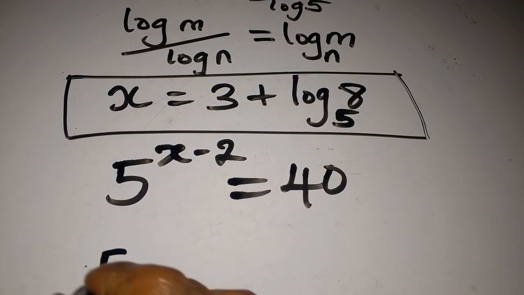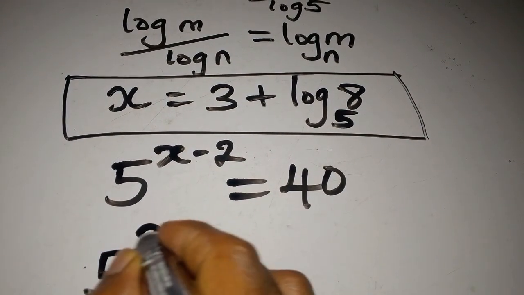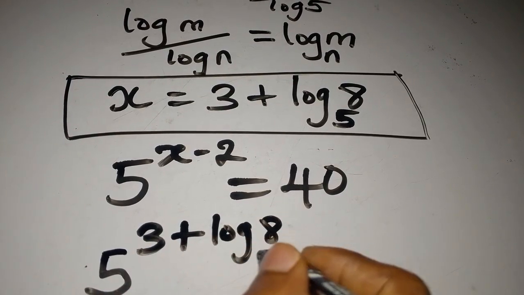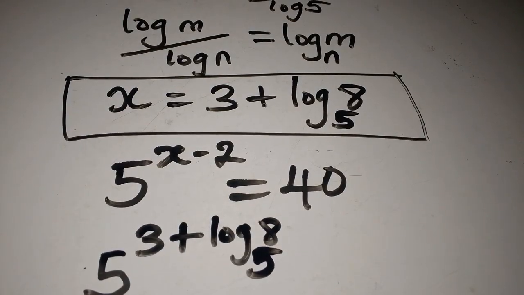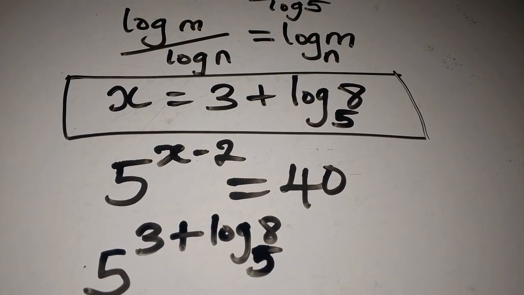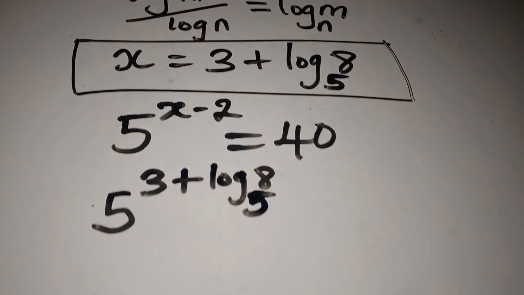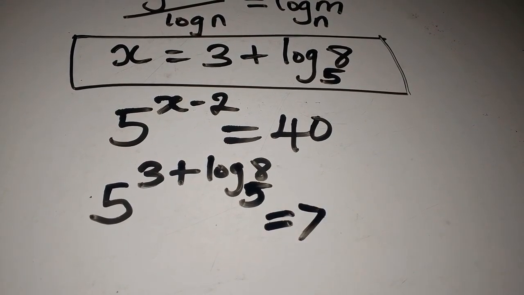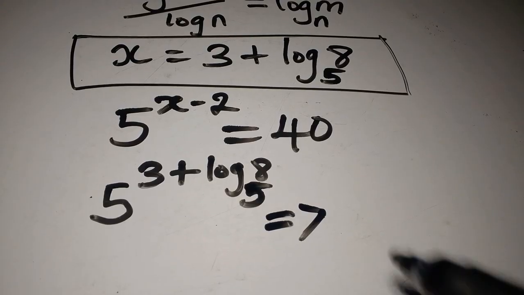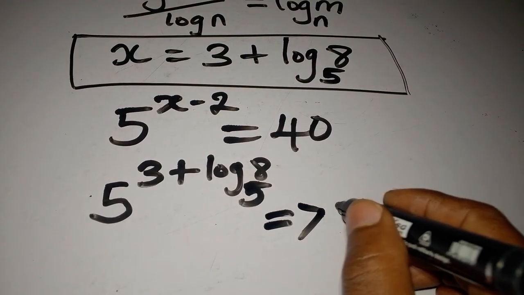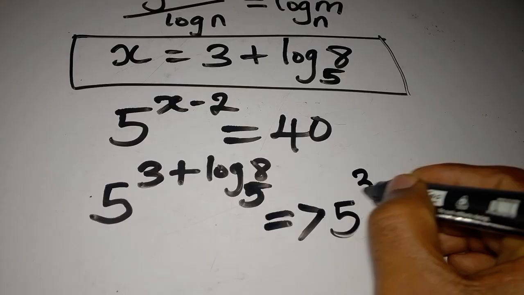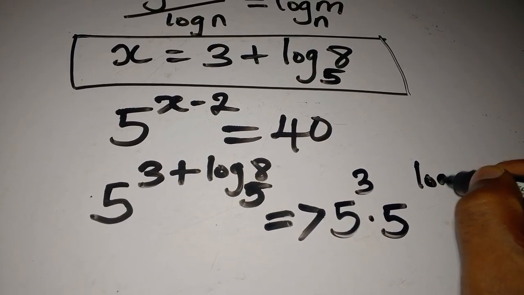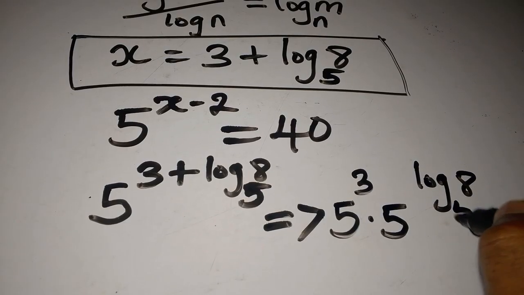So we have 5 to the power of 3 plus log 8 to base 5. So will this be equal to 40? Let's simplify this. From one of the laws of indices, this is 5 to the power of 3 multiplied by 5 to the power of log 8 to base 5.